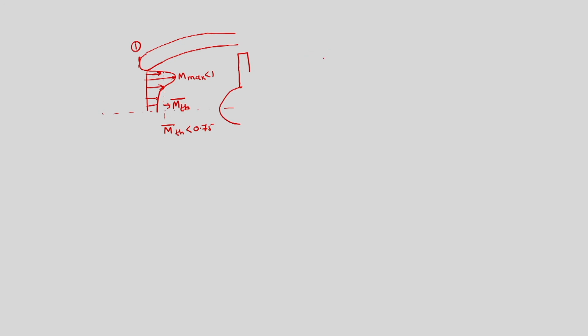This is leading to an expression which is highlight, which is the area of the inlet of the intake, also called the highlight, divided by A throat, is equal to A1 divided by A throat, is equal to M throat divided by M1, [1 plus (gamma minus 1) by 2 into M1 square divided by 1 plus (gamma minus 1) by 2 into M throat square], bracket raised to (gamma plus 1) upon 2 into (gamma minus 1).